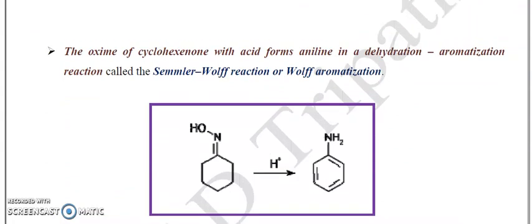Here is another outcome of the oxime of cyclohexanone. If we have the cyclohexanone oxime and it reacts with acid, it can also form the aniline product by an aromatization reaction. This reaction has also been observed under Beckmann rearrangement reaction conditions, and this reaction is known as the Wolff aromatization or Semmler-Wolff reaction.